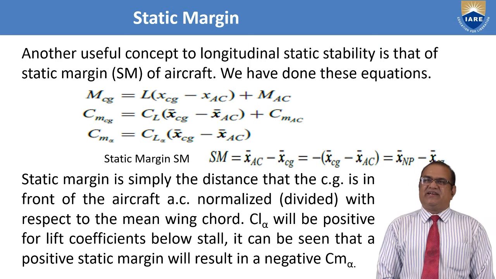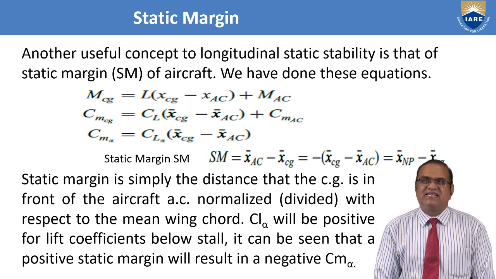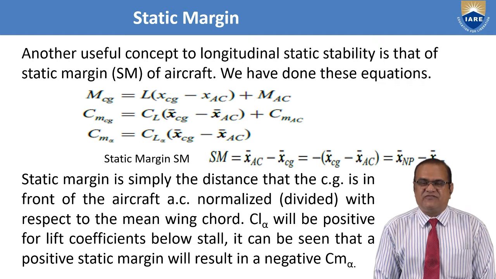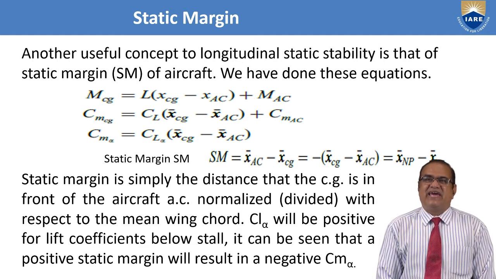This we have already done in our previous classes. And then Cmcg, the coefficient of moment with respect to the center of gravity, is equal to the coefficient of lift CL times (x bar cg minus x bar ac), plus Cmac.